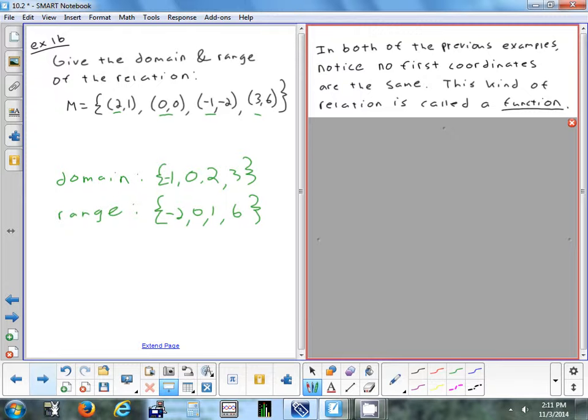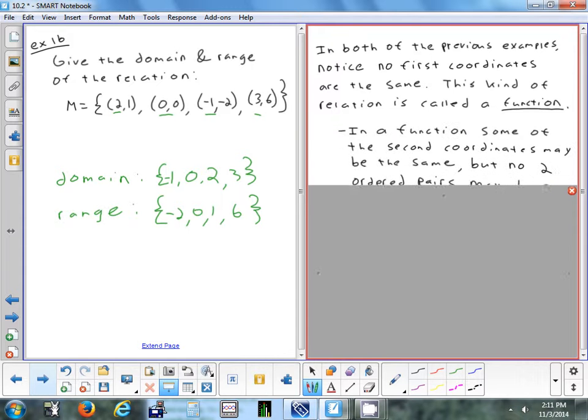We had a 2, a 0, a -1, and a 3. Any repeats? No. So if there's no repeats, that's when it's called a function. So in a function, the second number can repeat. That's okay, but not the first number.